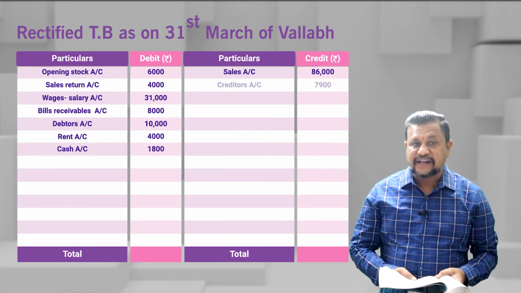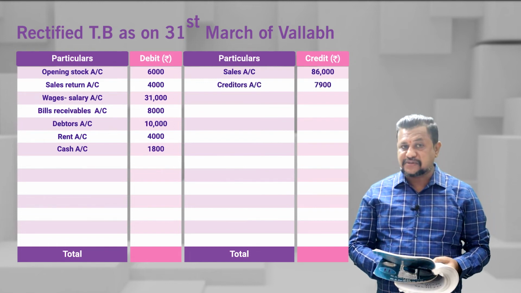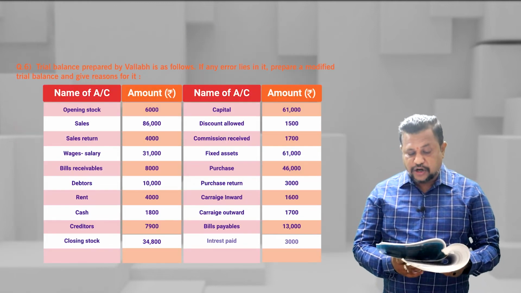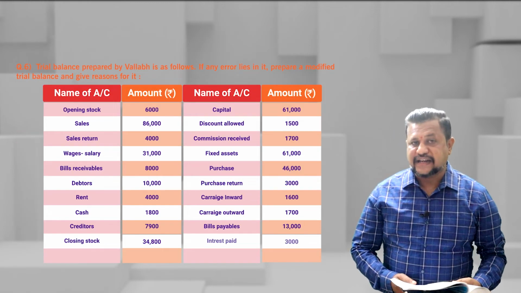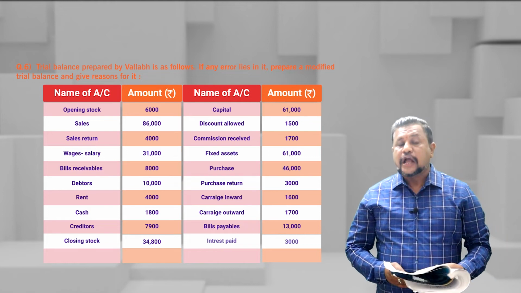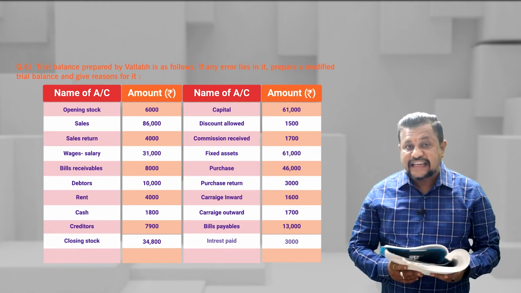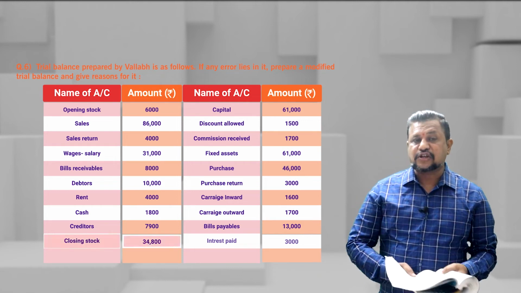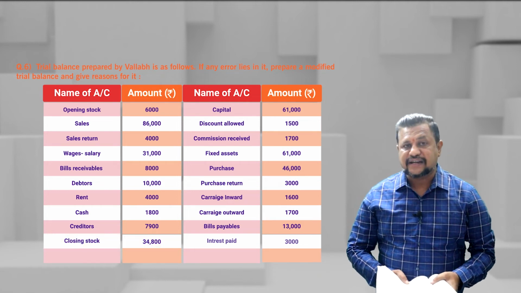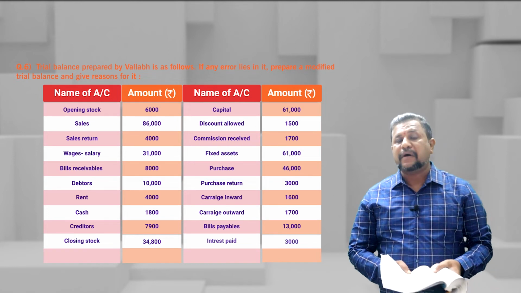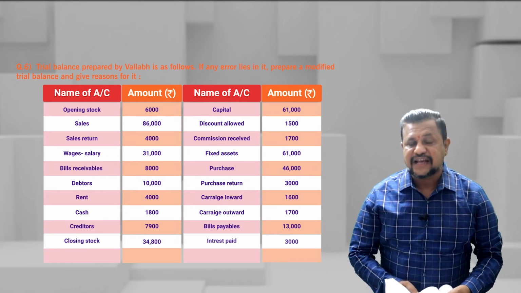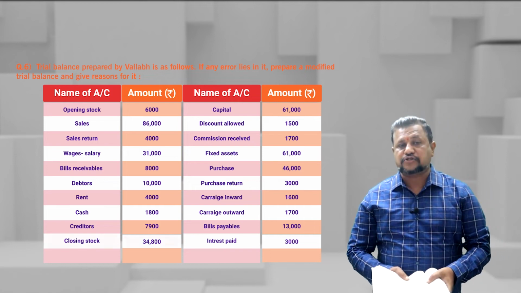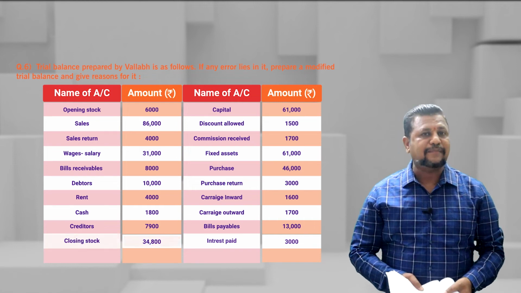Creditors is a liability, credit side 7,900. Closing stock they have given on the debit side 34,800. Now guys, closing stock is an adjustment. Since closing stock is an adjustment, it does not form part of the trial balance and we have to ignore closing stock while preparing the trial balance.